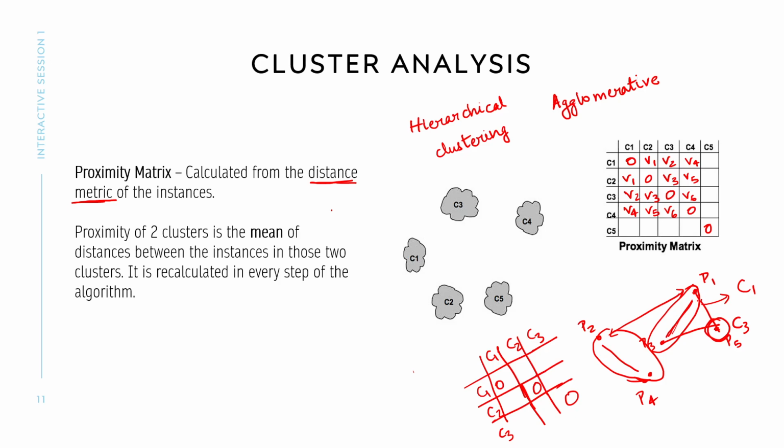For C1 and C3, this value will be the distance between P1 and P5 and the distance between P3 and P5, their mean.